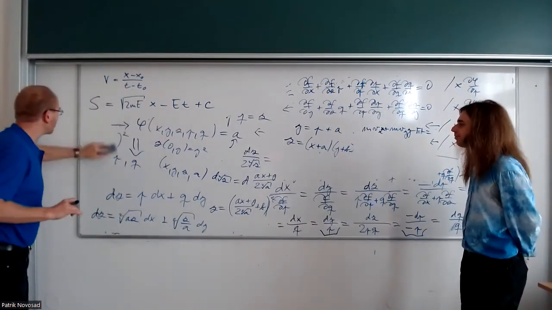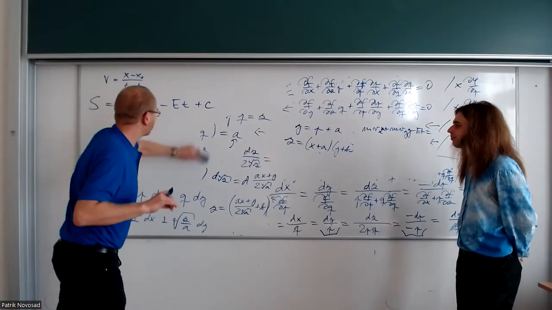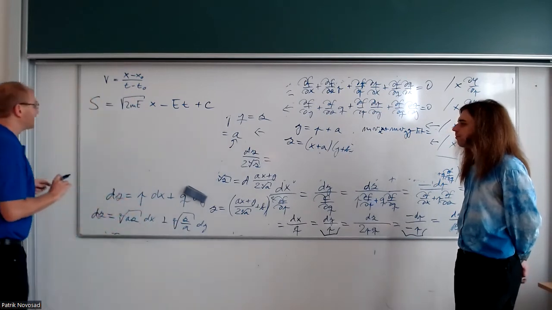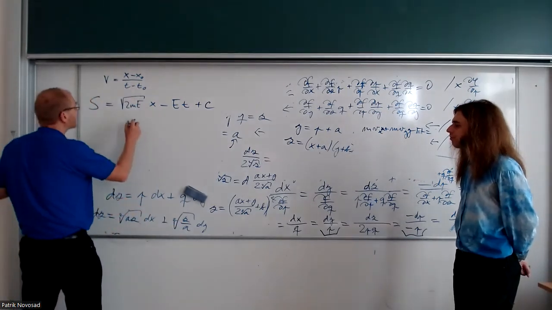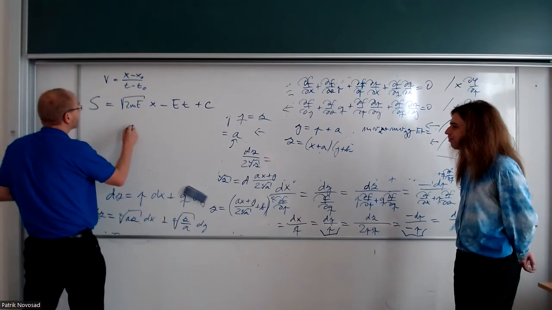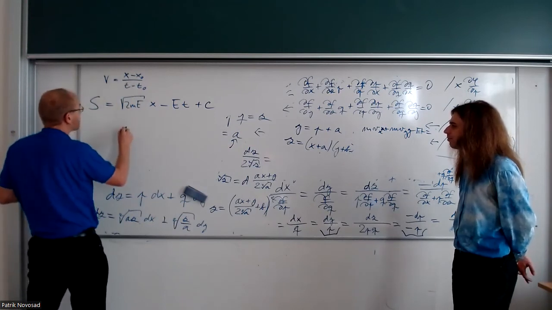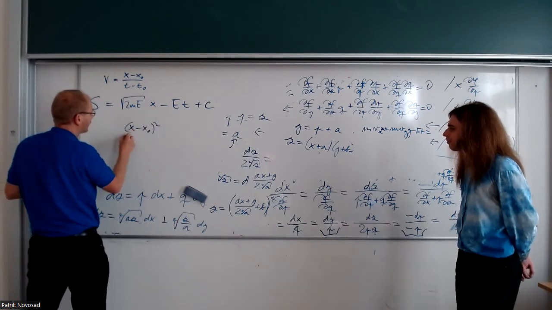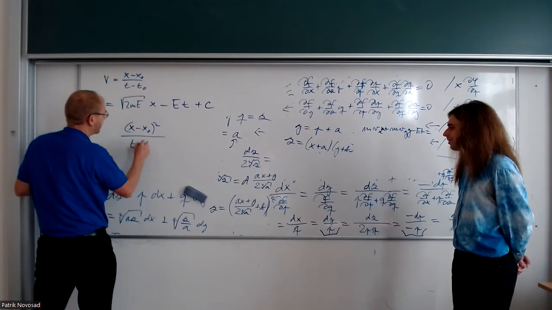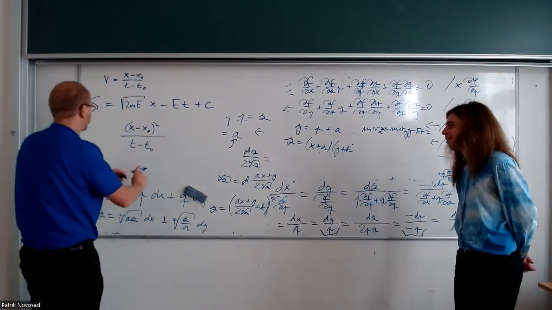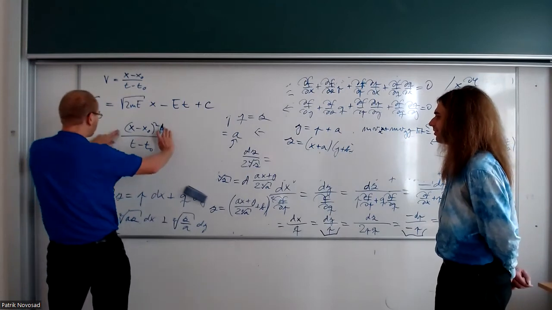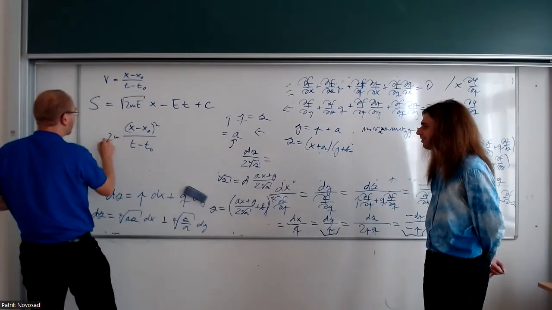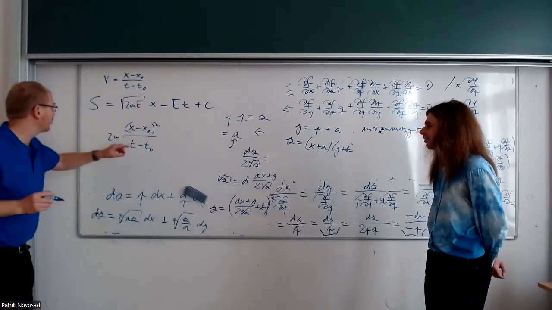That's one solution, and the other one is that you imagine what I said before, and you calculate the action, and I think it's simply x minus x0 squared over t minus t0, times the mass over 2.